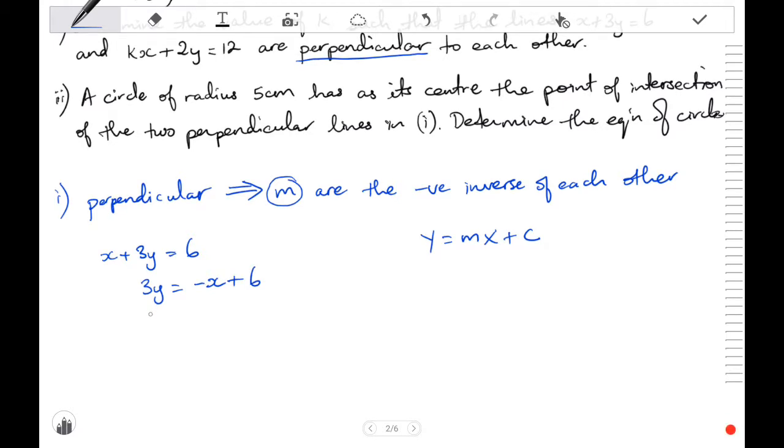Then I divide each term by 3. So I'll have y equals negative a third x plus 2. So as a result of this, I know that the gradient of this line is equal to negative a third.